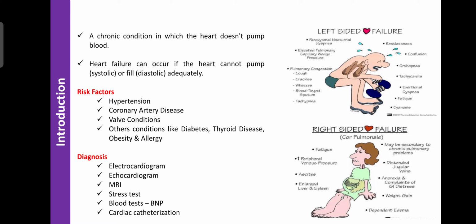Those receive oxygenated blood with the help of the coronary arteries. If there is atherosclerosis, myocardial infarction or a clot in the coronary artery, that condition is known as coronary artery disease. Due to coronary artery disease, the heart does not get sufficient oxygen, so the heart fails. Then another is the valve conditions.